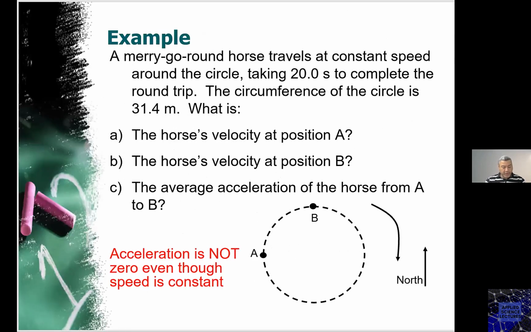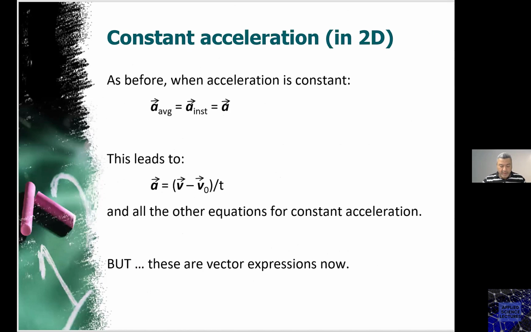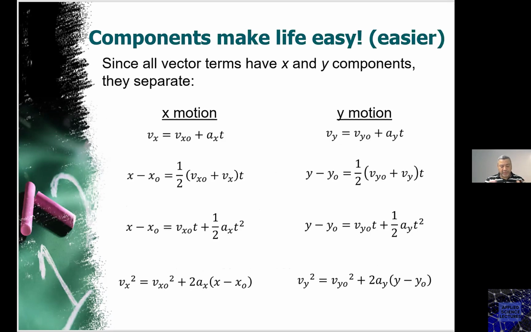Okay, so let's move on. Now, in case of the constant acceleration, as before, the average acceleration becomes the same as the instantaneous acceleration, and then this is going to lead us toward simplifying using this equation and deriving all the motion equations the same way we did in last lectures.